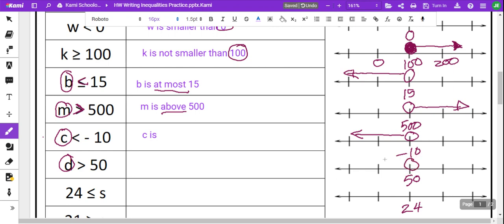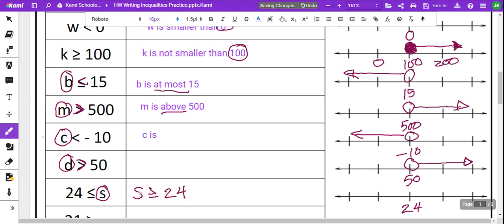50. The symbol is pointing to the right, so the arrow goes to the right, is greater than. Now the catch is if the variable is on the right side, this is written backwards, so it's actually S is greater than or equal to 24.